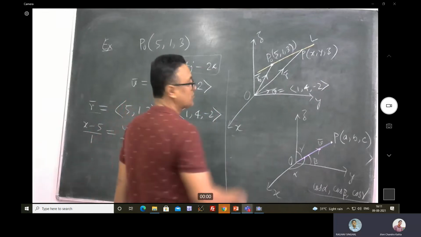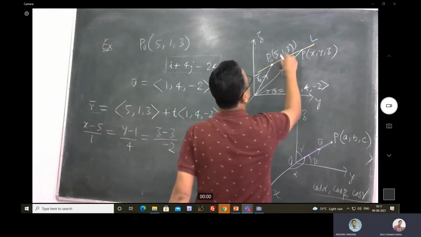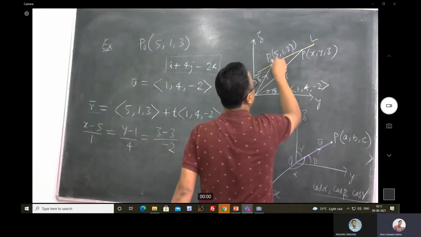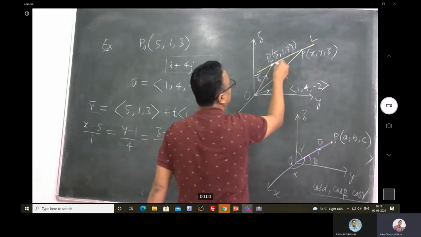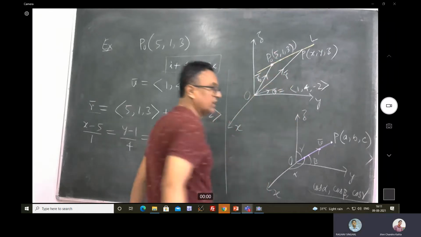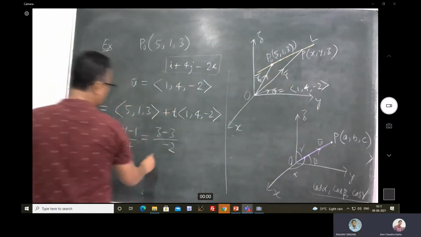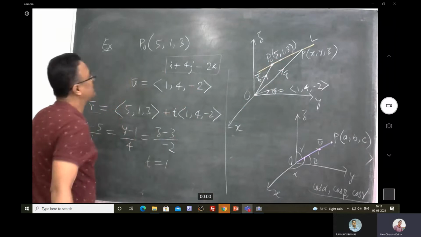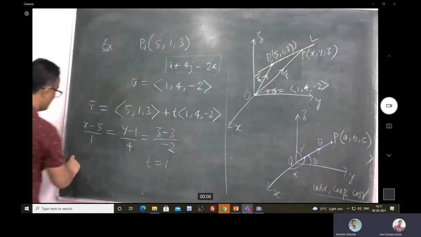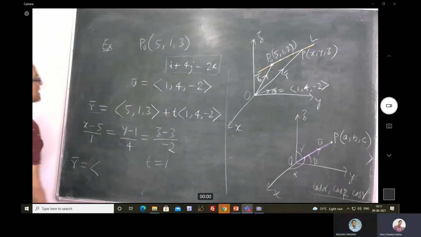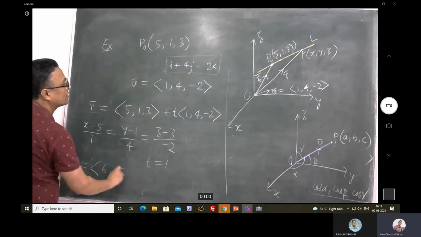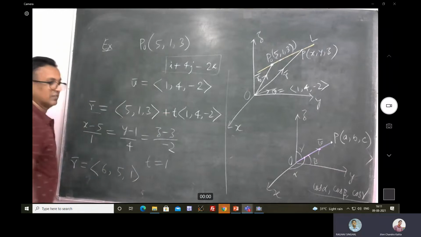Fine. So you know that if t is positive, then any point on the straight line you will find to the right of P naught. If it is less than 0, you can find the point toward the left of P naught. So we can take t equal to 1. So here, if we take t equal to 1, then this r we are going to get as 6, 5, 1.